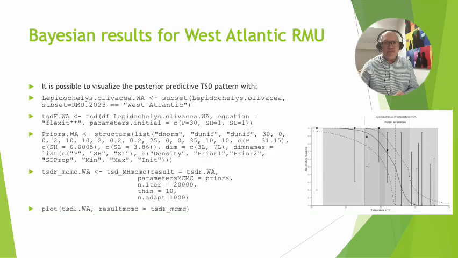Okay, the pattern was fitted, and we saw this pattern. It was a typical pattern for turtles, with low temperature being masculinizing and higher temperature being feminizing, and it was fitted using Bayesian statistics. Perfect.